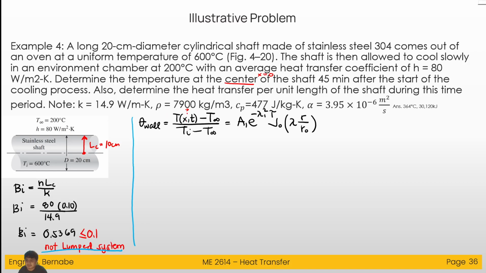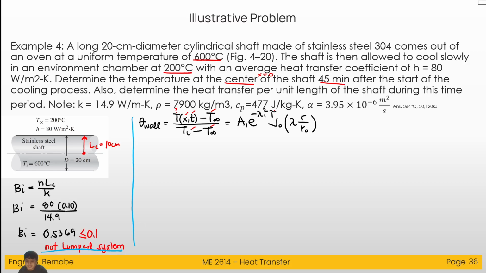We want to find the temperature, so basically x is equal to 0. The time is given: 45 minutes. Then you have the environmental temperature of 200, and the initial temperature is 600.